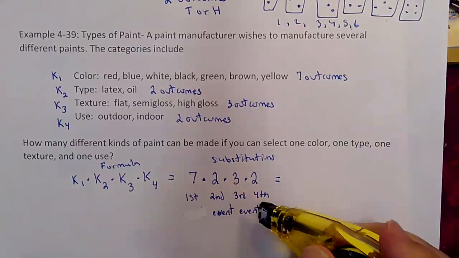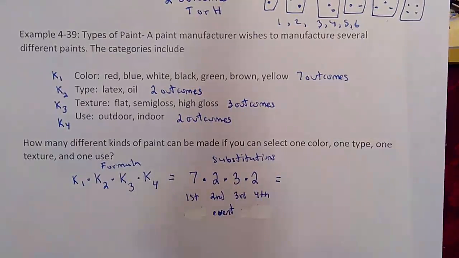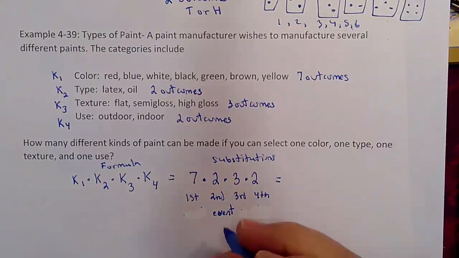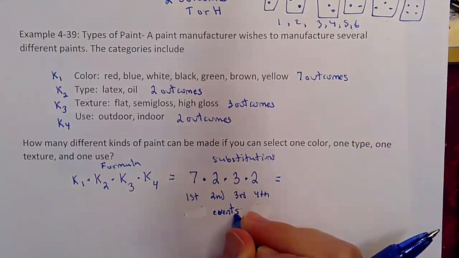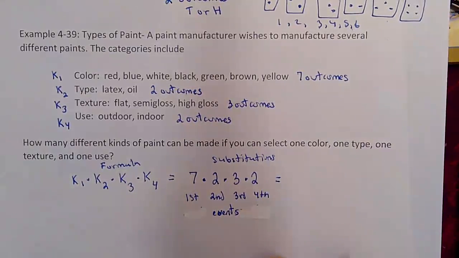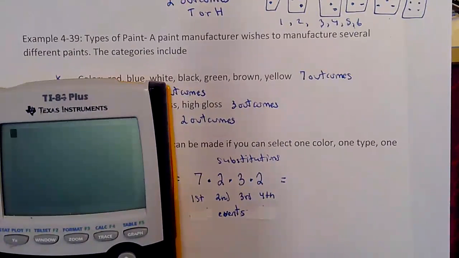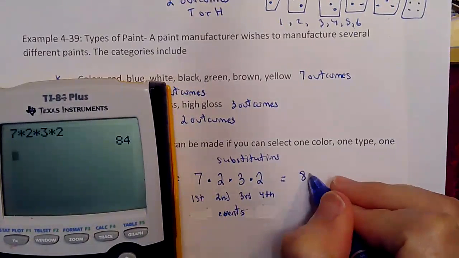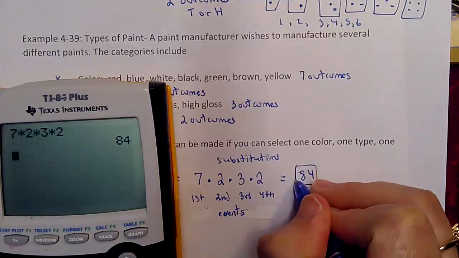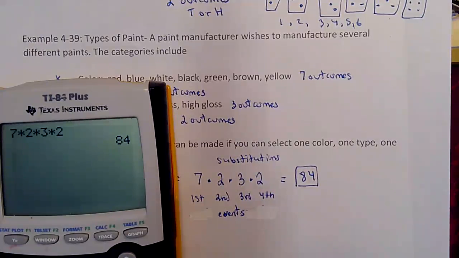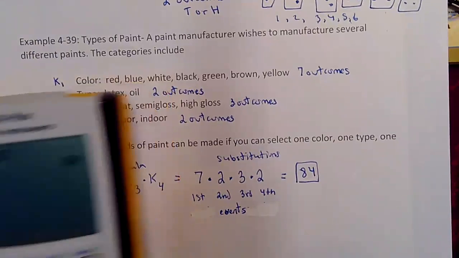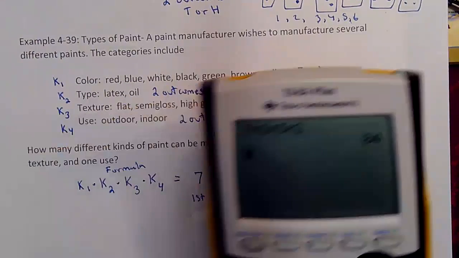So first, second, third, fourth events. And then when I use my calculator and I multiply that out, 7 times 2 times 3 times 2 is 84. Okay. And that's also an example of the fundamental counting principle. All right.